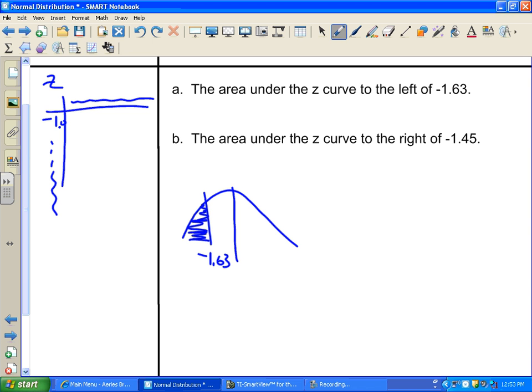And I'll make sure that this drawing makes sense when you look at that off your formula sheet. And what is that area? I don't know what it is. I have to look at the formula sheet. What is it? 0.0516? Yeah.